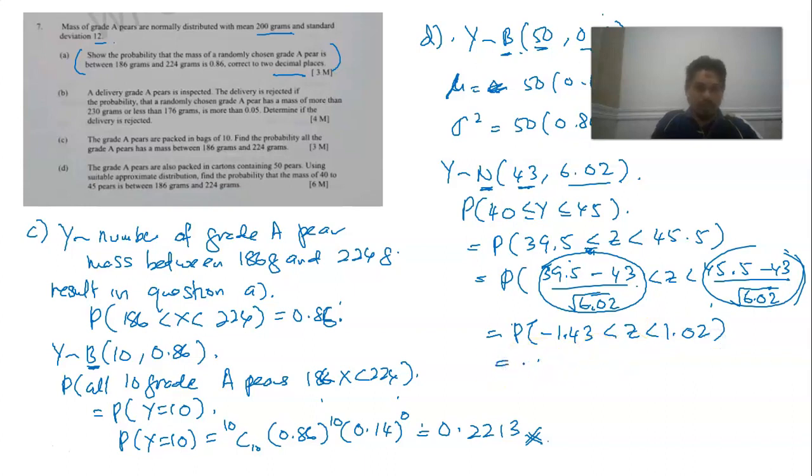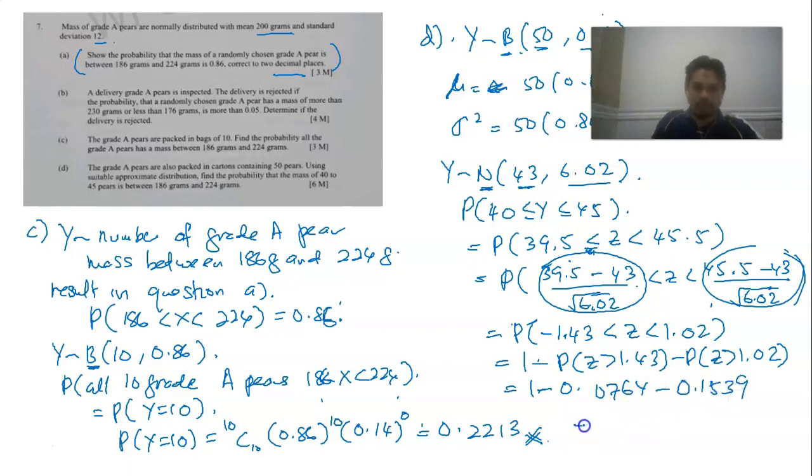So we can simplify this as 1 minus the probability of Z greater than 1.43 minus the probability of Z greater than 1.02. So this is 0.0764 and 0.1539, and the total of this is 0.7697.